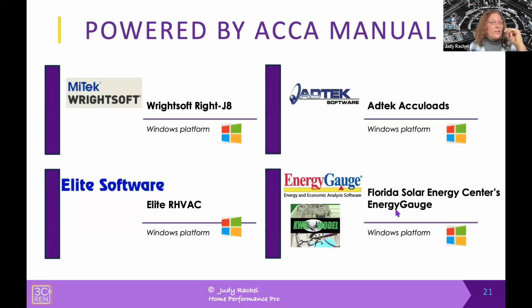I want to show you what the other software is. There's Elite, there's AdTech. Energy Gauge is Florida Solar Energy Center's load calculation procedure that is ACCA approved. And you all might have heard of Quick Model, which is a fairly new software that's out there. I know 3C Run has run some webinars around Quick Model. Quick Model actually uses Energy Gauge as the calculation procedures behind it.